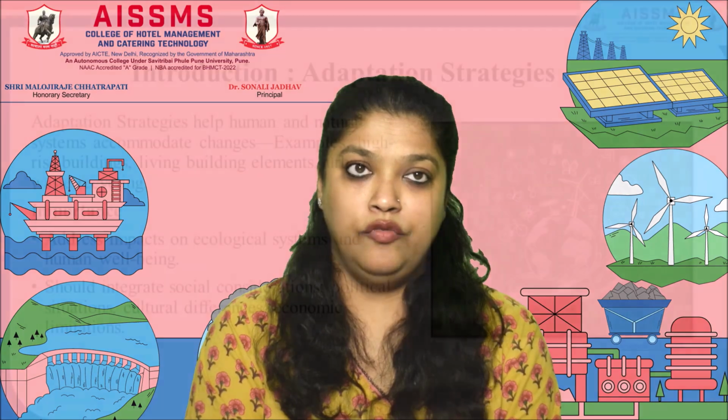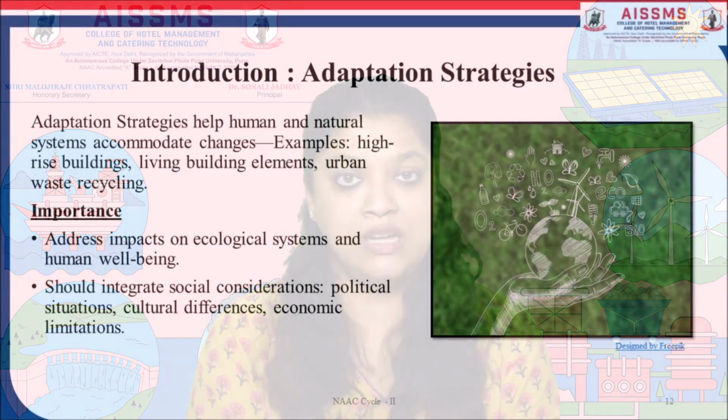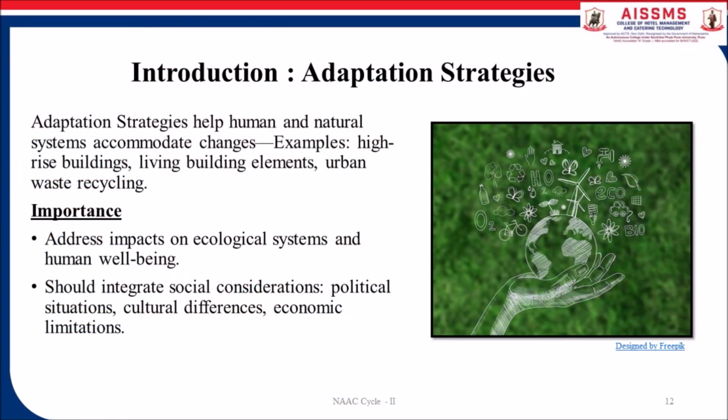Now climate change mitigation and adaptation strategies are crucial for minimizing the occurrence of hazards associated with climate change and ensuring the continued existence of life on Earth. Adaptation strategies help human and natural systems accommodate to changes.